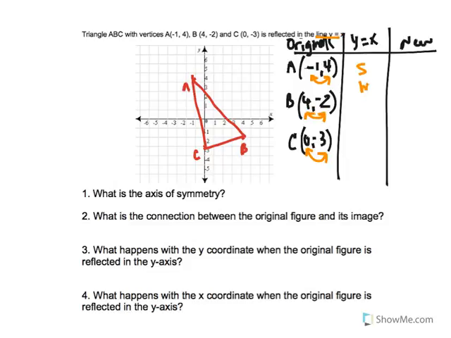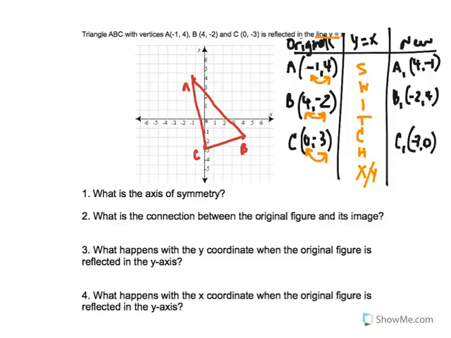We switch x and y. And our new coordinates become, A prime will be 4, -1. B prime will be -2, 4. C prime will be -3, 0.